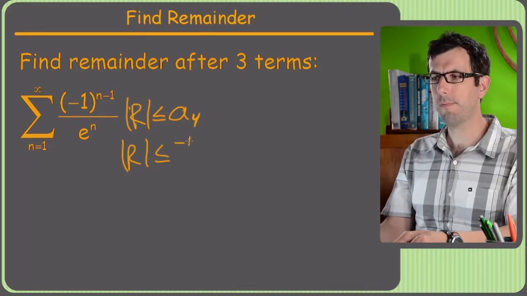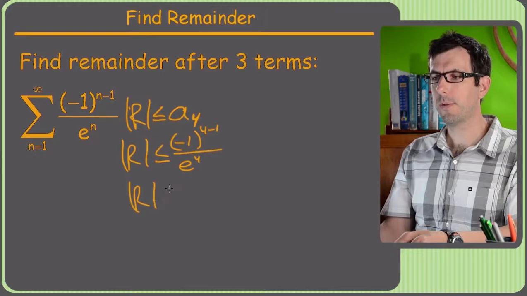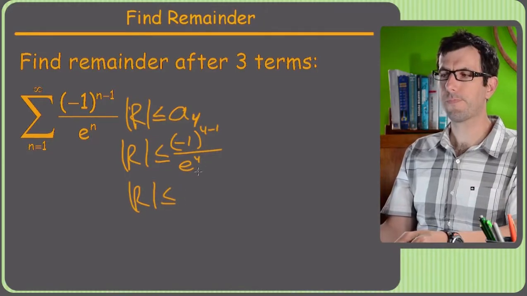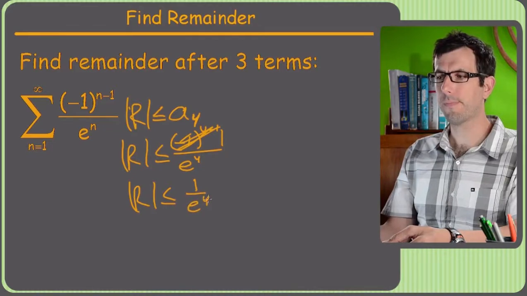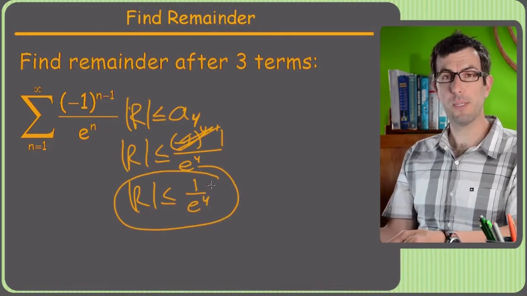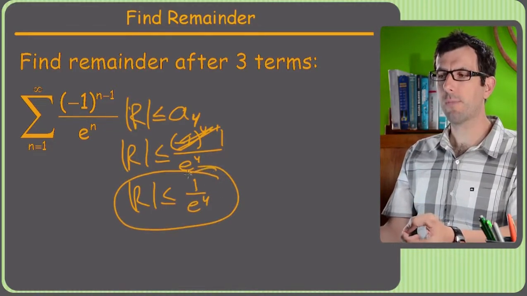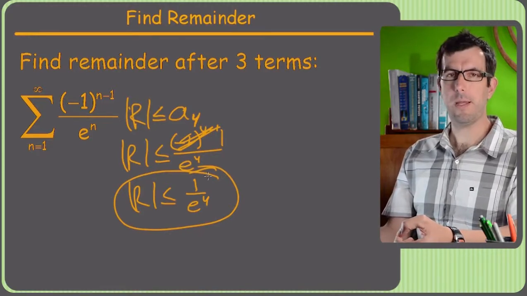So negative 1 to the 4 minus 1 over e to the 4. So your remainder is at most, we're doing absolute value, so this just goes away, and we get 1 over e to the 4th. So it's super simple, right? They've asked you kind of a weird problem, but it's super easy.